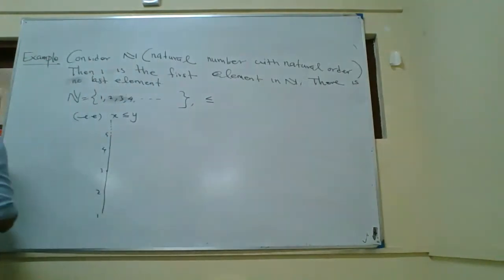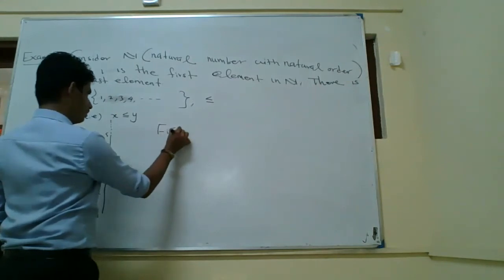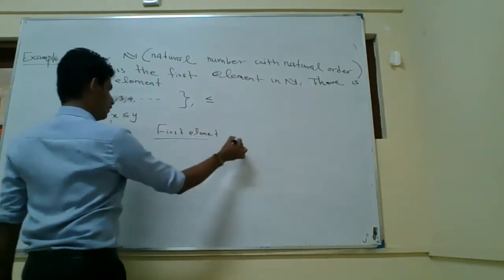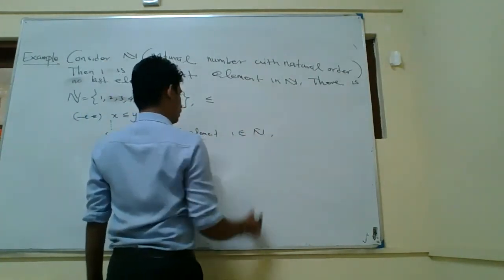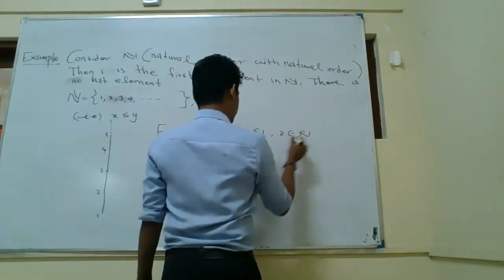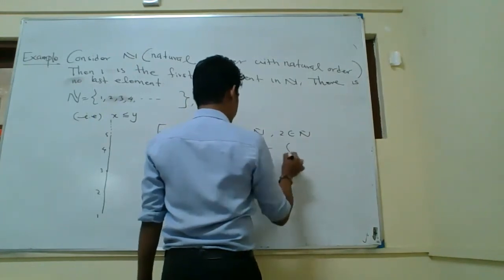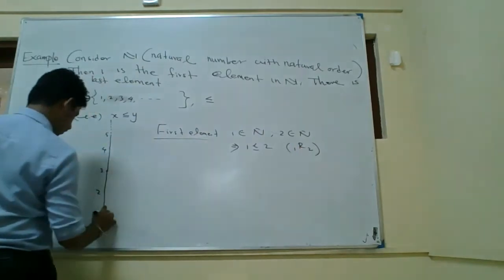What is the first element? What is your last element? Assume that 1 is the first element. 1 belongs to the natural numbers. You can write 2. 2 also belongs to the natural numbers. Then you can write 1 precedes 2. Is it okay? Yes, it is okay because 1 precedes 2.